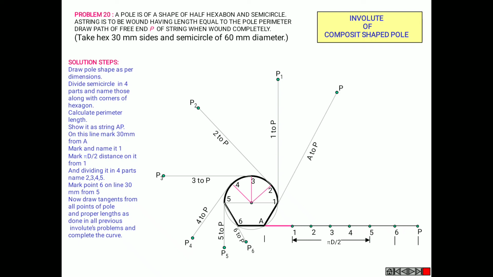Now measure AP in your compass and mark a point from A line. Similarly from the compass, measure 1 to P and mark a point on tangent 1, the tangent of the circle passing through 1.